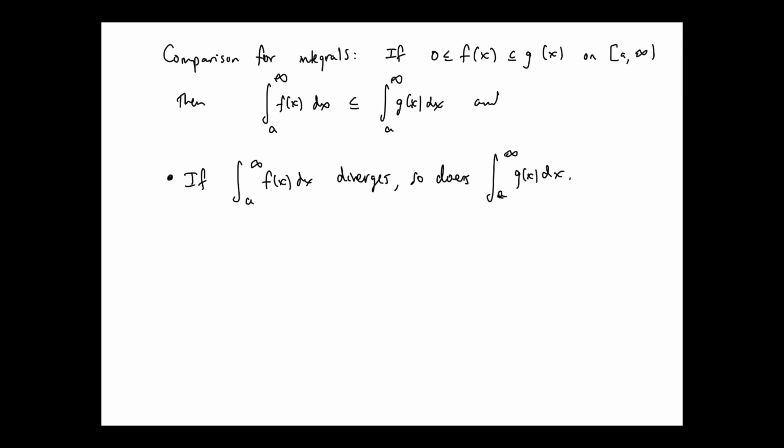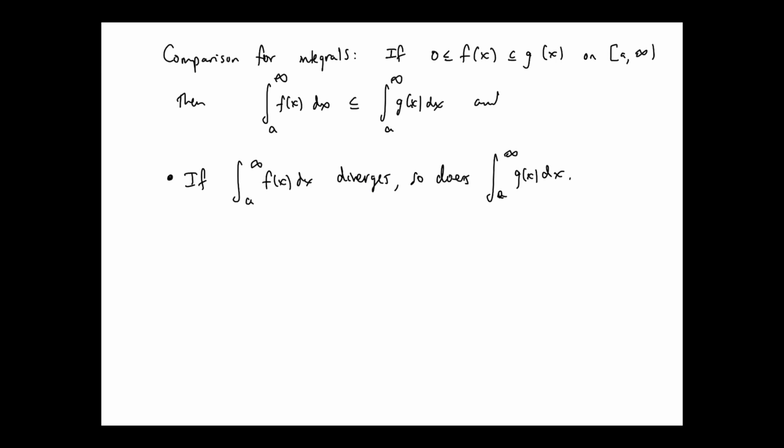Well, if one function is smaller than the other, and they're both positive, then the integrals of them should obey the same relationship, right? If f is smaller than g, then the integral of f ought to be smaller than the integral of g. That makes sense, right? Because integral is about area under a curve. All right, so point one, what happens if the, quote, smaller integral diverges?